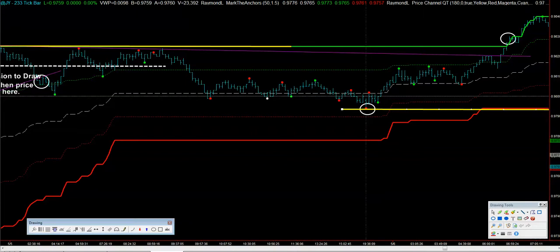That's the second item, and then the third item. Now we have to get permission to draw the line, which is the price must touch at least 3 price channels from the first anchor. Well, we see the price channel has touched 1 price level, 2, and there's the third.